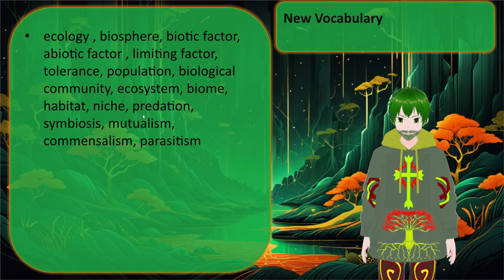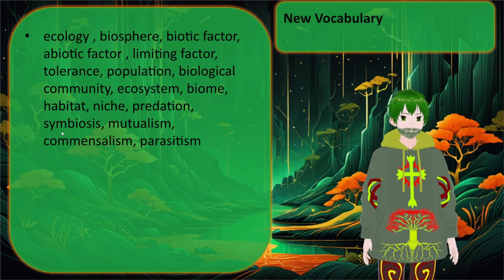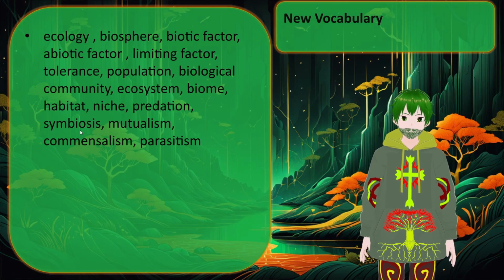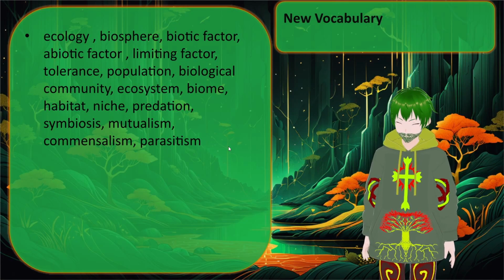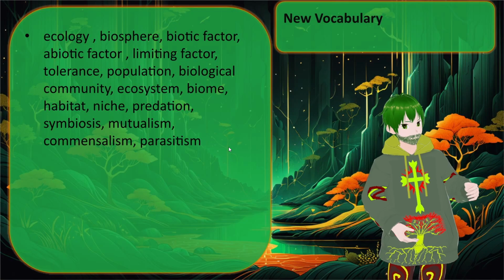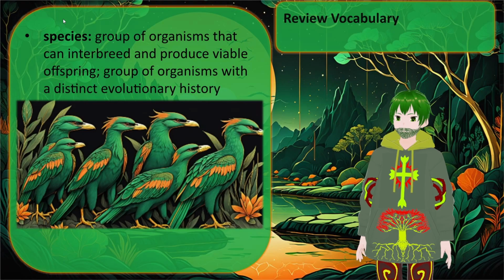So if you hear it said both ways, don't be confused, they're the same word. Symbiosis, mutualism, commensalism, and parasitism. I know there's a lot of vocabulary, it can be overwhelming, but don't worry, it's going to be okay. We'll make it together.